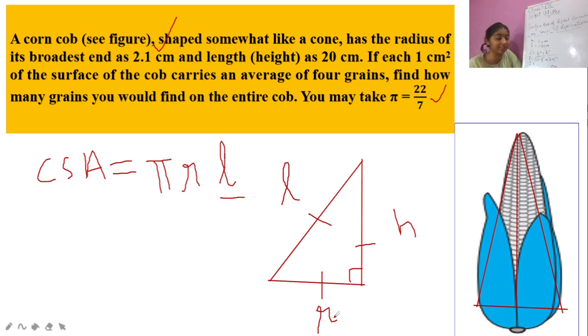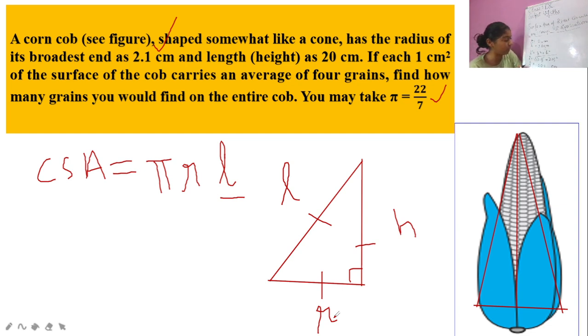Write your answer in the comment box. Do you get an answer? Let me write what I get. That is 20.11. So this is our slant height for this question.